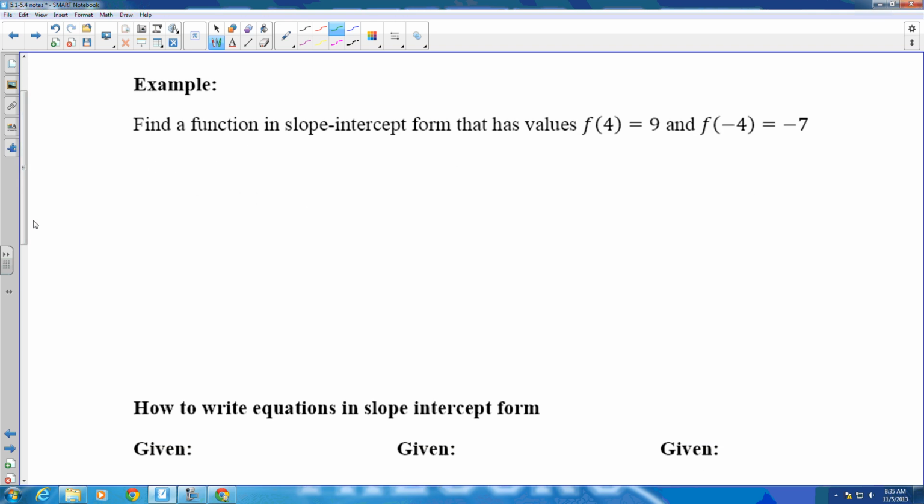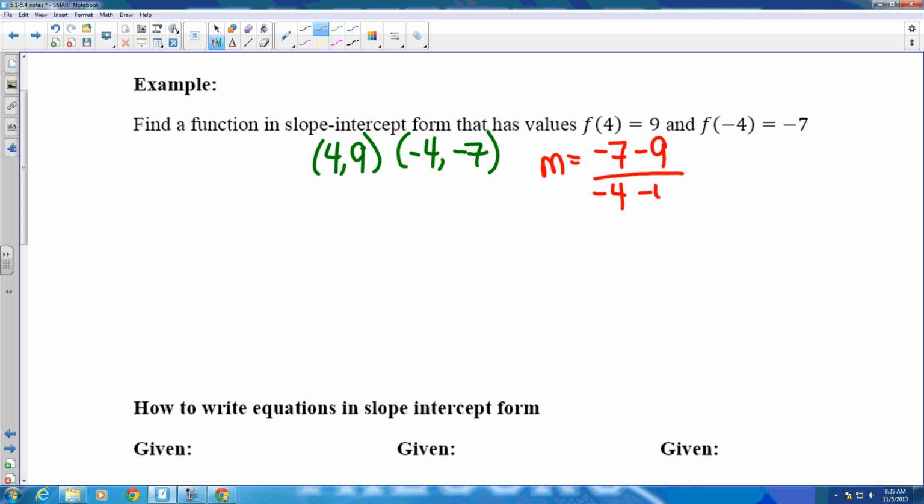Find a function in slope-intercept form with the function values f of 4 equals 9 and f of -4 equals -7. I'm going to rewrite these as points because function form can kind of look confusing. Find the slope, which is -16 over -8, or +2.